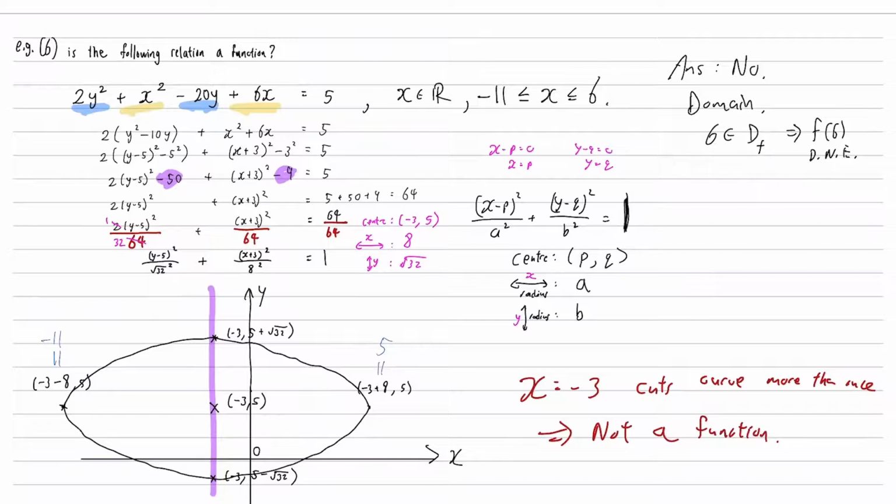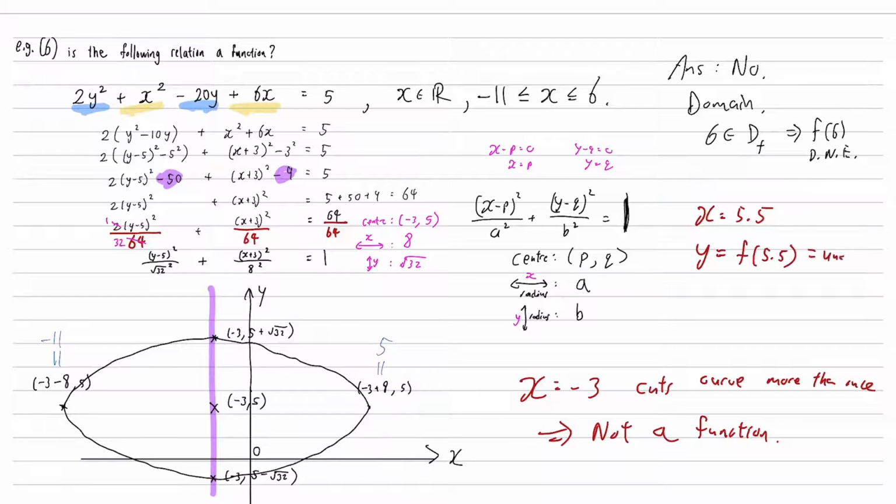But here, actually, there's another more subtle point, which is that I change it to less than or equal to 6, which means that in between 5 and 6, you can also draw a line. But here, what you can say is that if you let x equal to, let's say, 5.5, something that is outside of the graph already, you try to find the corresponding y, f of 5.5.